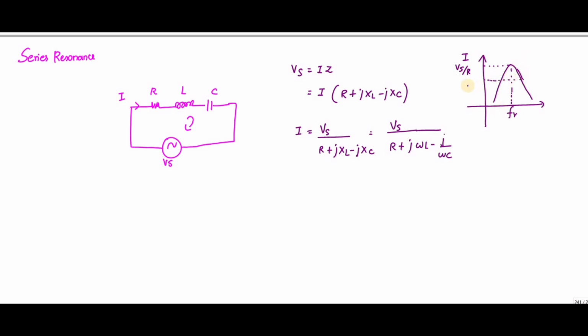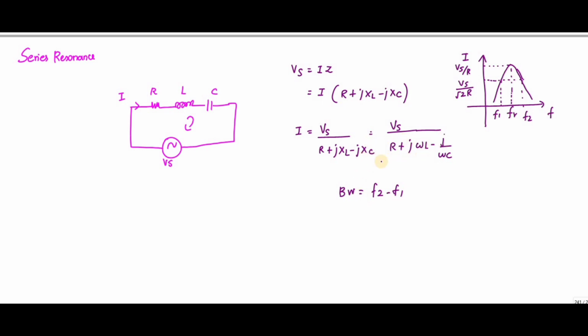So if I take the 3 dB value, that is Vs divided by root 2 R. At that frequency, this is called the half power bandwidth. So this is F1 and this is F2. So we know that the bandwidth is equal to F2 minus F1.